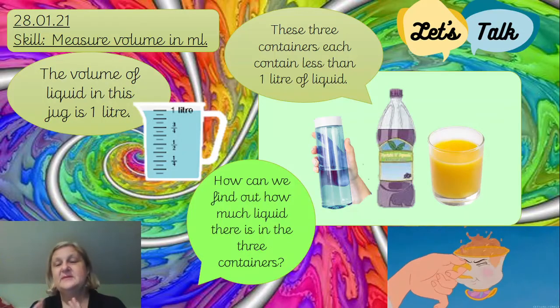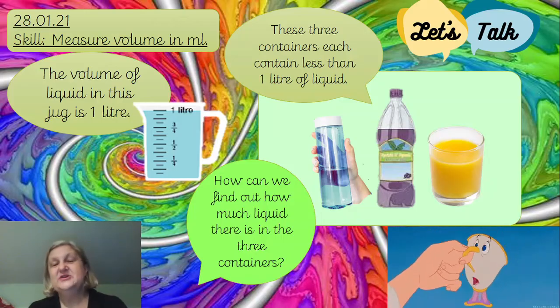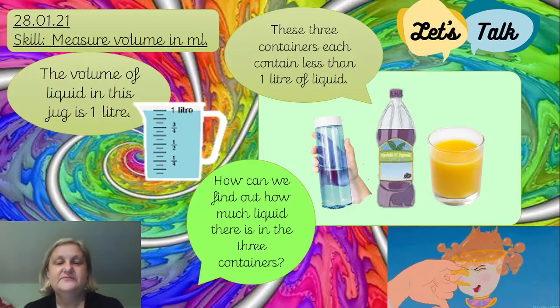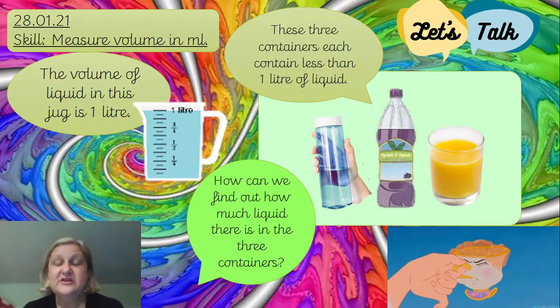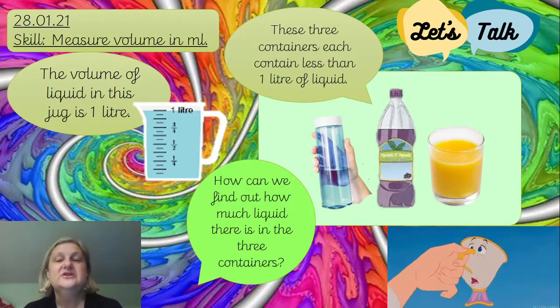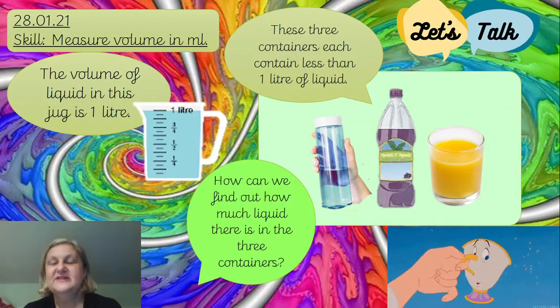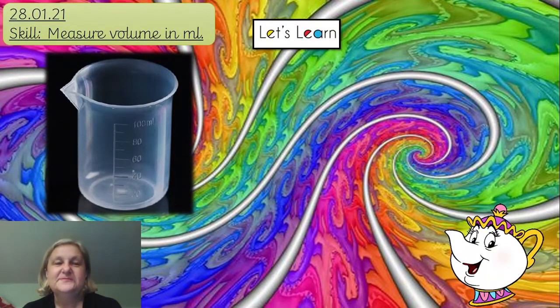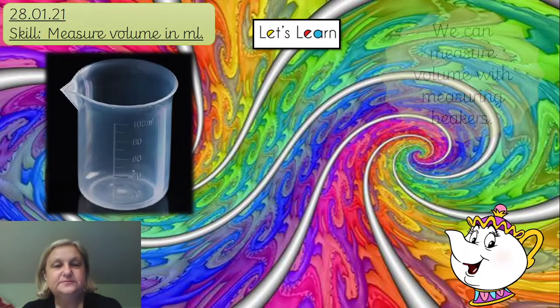So you might be able to have an estimate, but there are other ways of measuring that liquid. Pouring it into another measuring jug would be quite useful, and I'm sure there are other very creative ways that you could do that. So we're going to learn now.